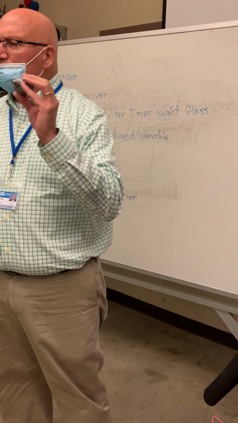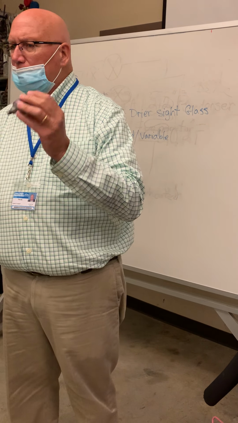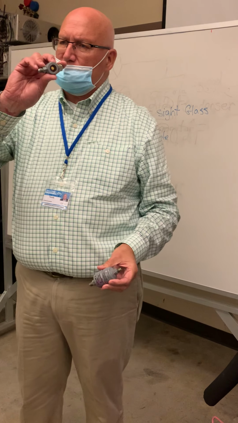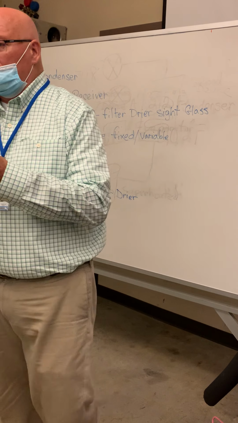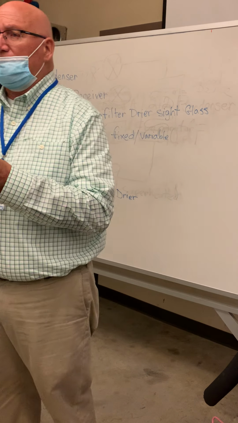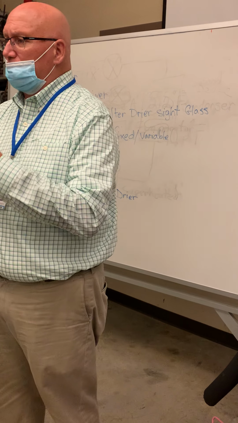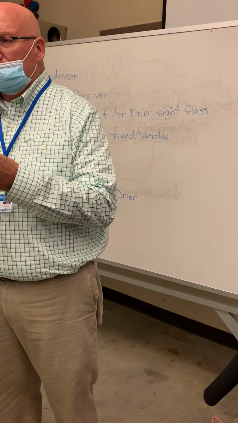You usually see this in conjunction with this. This is the sight glass. The sight glass is in the liquid line, right? So with the sight glass, you can actually see liquid refrigerant flow inside this.